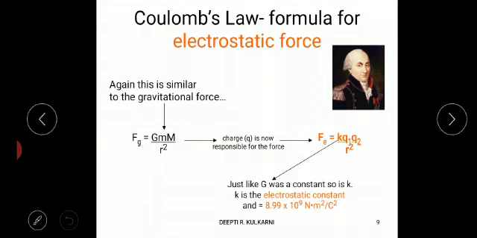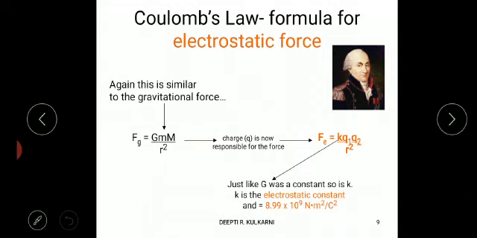In Newton's gravitational force, if we remove the proportionality sign, then we have to add a constant, that is G, the gravitational constant.